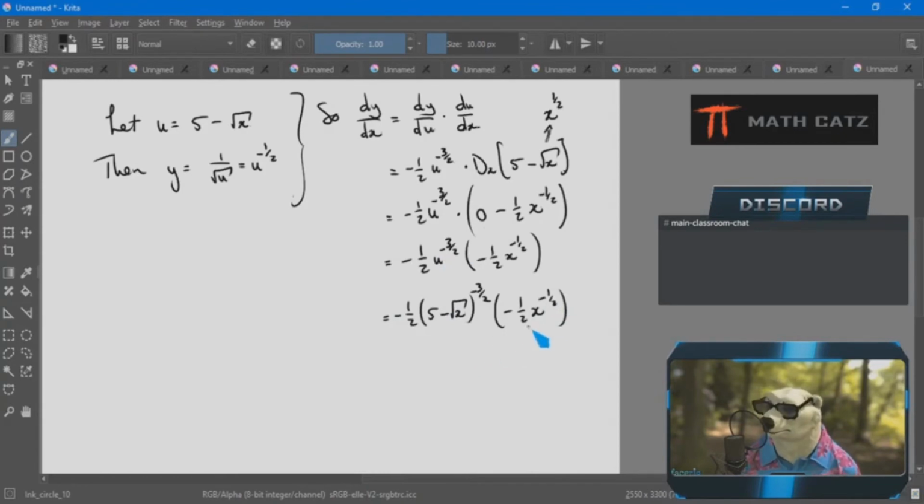Some people are bothered, oh, but you have a fraction power and then you have roots. Shouldn't you rewrite everything to roots or everything to fraction powers? I don't care. It's just different versions of the same thing. And I'm comfortable with fraction powers and roots to mix and match them as I want to. It doesn't matter. They're the same.